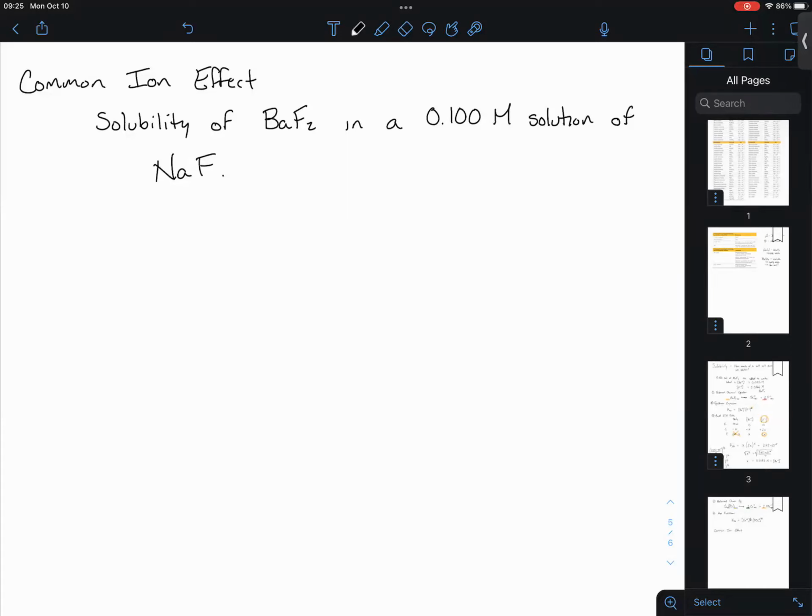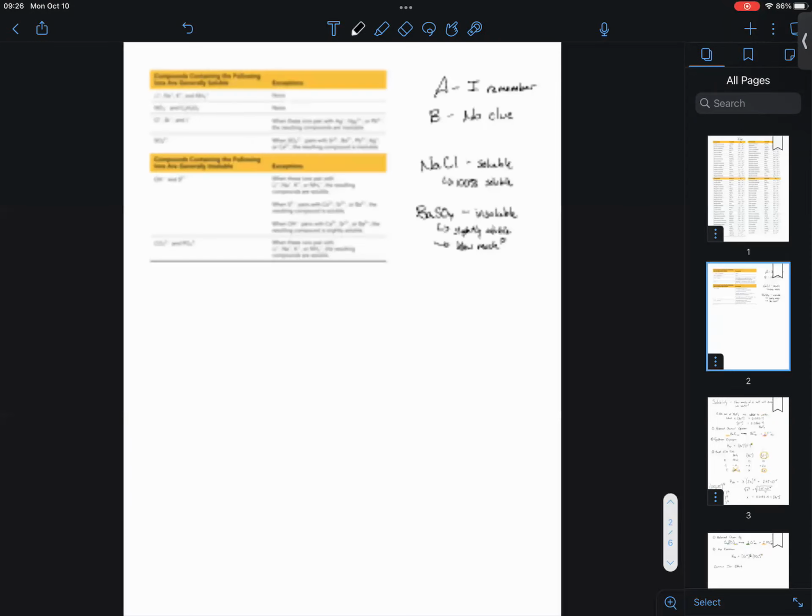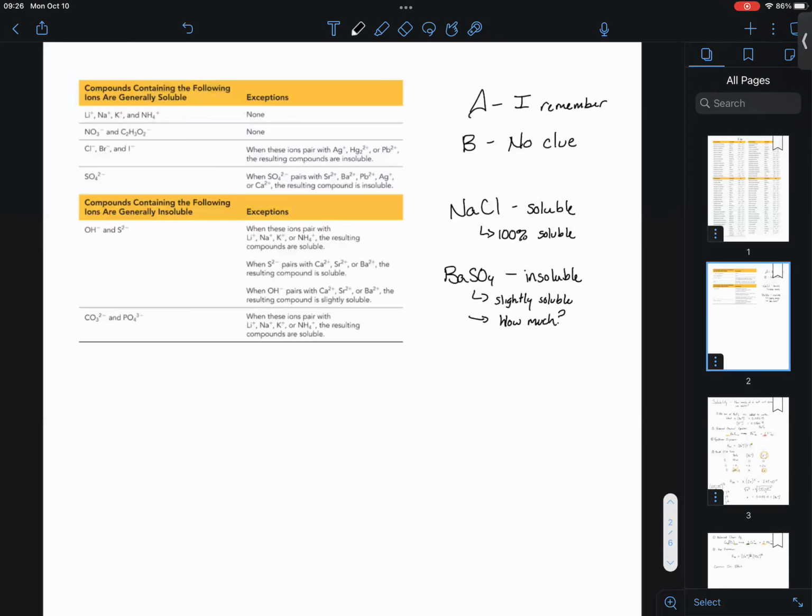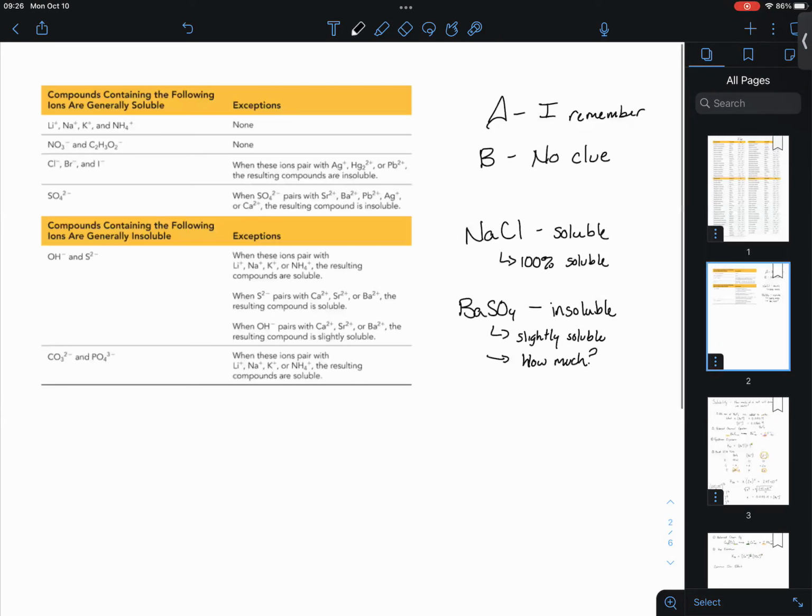Okay, so now we already have this solution of sodium fluoride. And if we go back here, we can convince ourselves that sodium fluoride would be completely soluble, because sodium's always soluble with no exceptions. So if I add sodium fluoride to water, 100% of it is going to dissociate into sodium ions and fluoride ions.